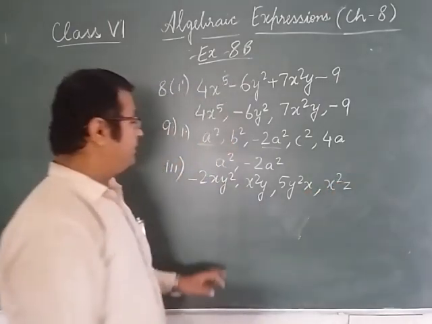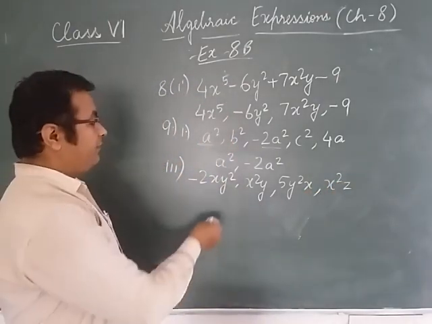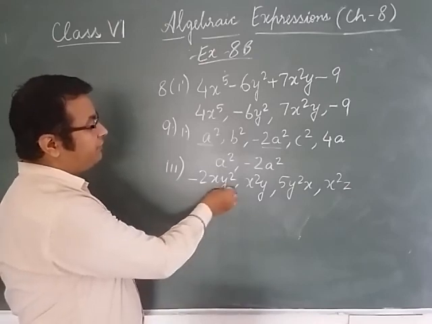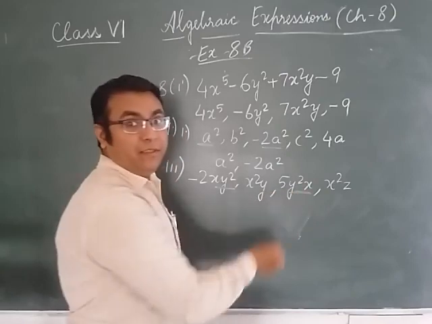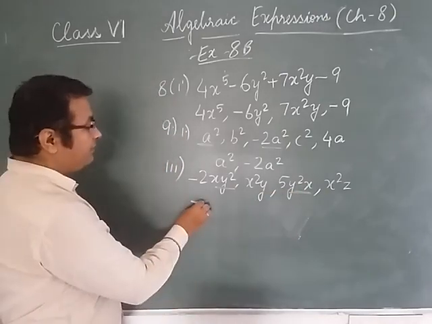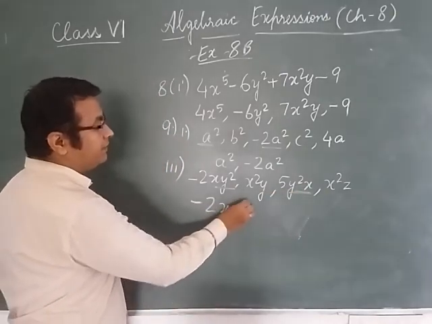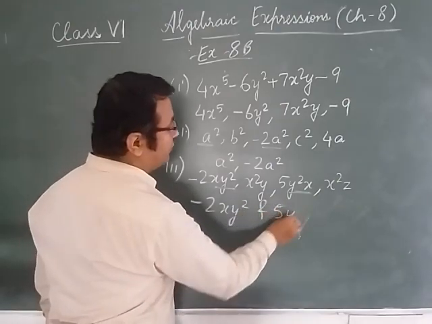See children, we have to find the like terms. Here the variable is xy square. Here also the variable is xy square. So like terms are minus 2xy square and 5y square x.